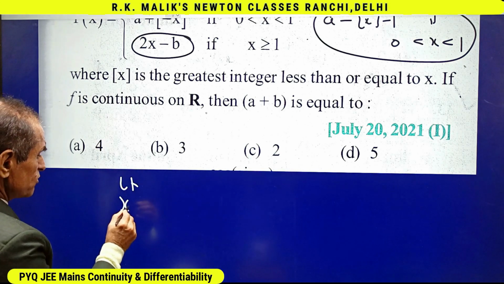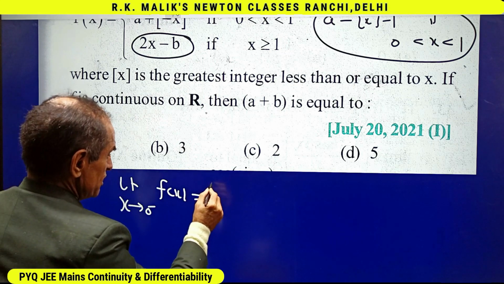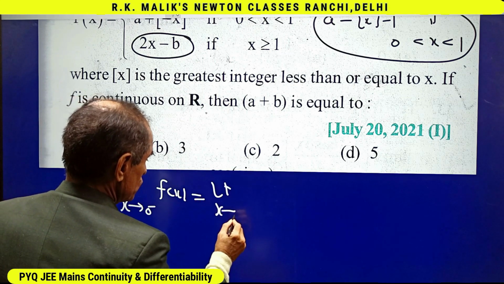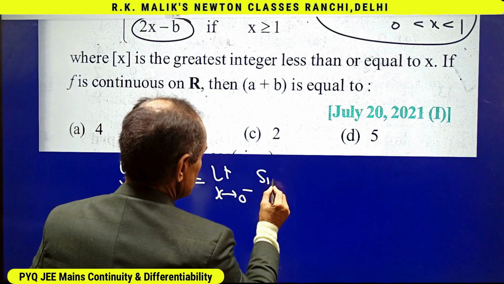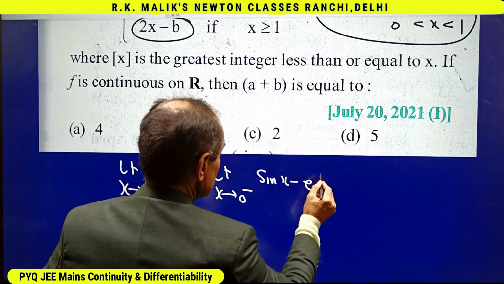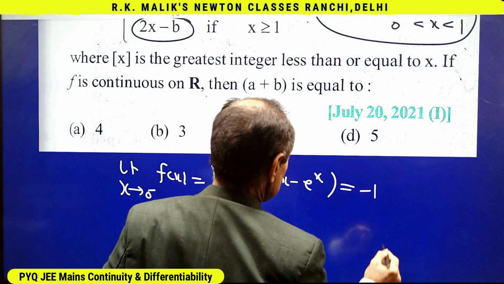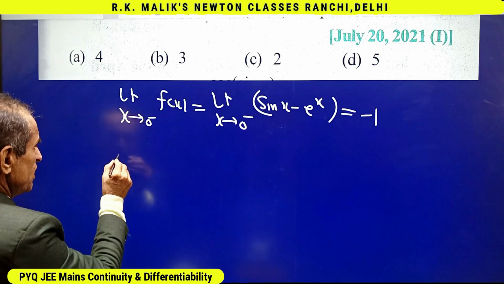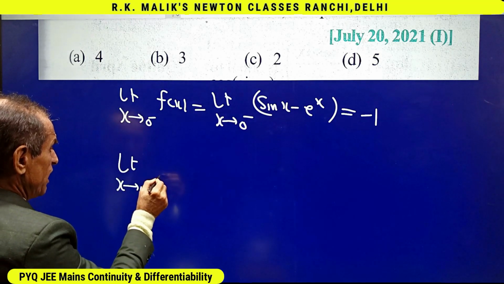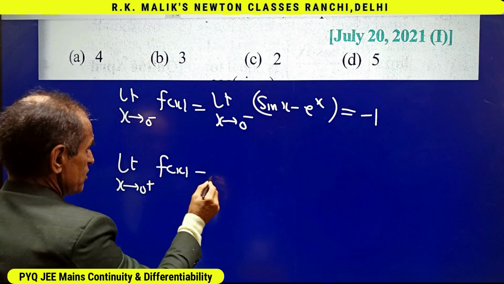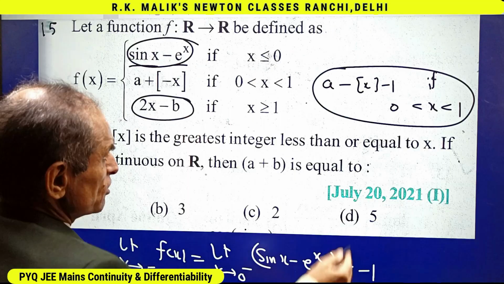Clearly, limit x tends to 0 minus f(x) is equal to limit x tends to 0 minus sin x minus e to power x, that is minus 1, and limit x tends to 0 plus f(x) is equal to limit x tends to 0 plus.